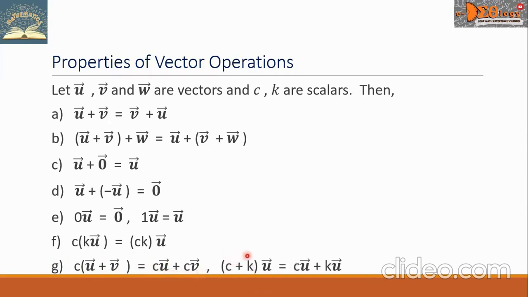Also, the quantity c plus k is multiplied by vector u. This is equal to c times vector u plus k times vector u. These are the properties of vector operations.